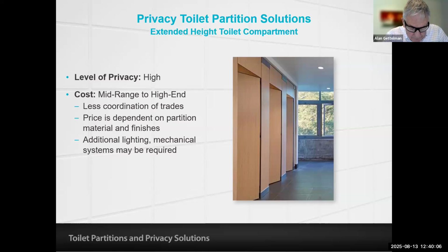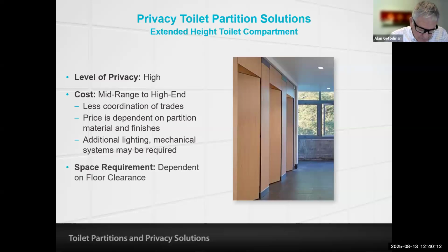Plumbing, tiling, electrical, and/or mechanical services will also be required. Extended height toilet compartments can take up a medium amount of space, but floor clearance is also a consideration with extended height compartments. Many systems with minimal floor clearance will require deeper and wider compartments to comply with the accessibility standards toe clearance requirements.